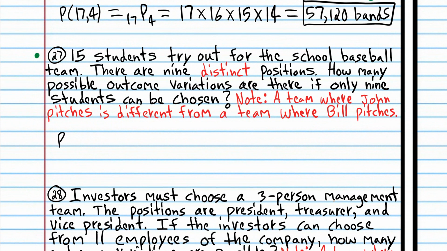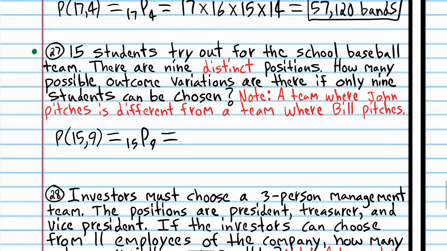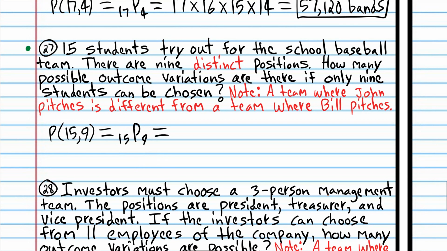So this is going to be P(15, 9), or 15P9, however you want to write it. You don't have to write both of these notations. You can just choose one. And I would choose this one if I were you, because that's what your calculator uses. So notice that these are distinct positions.